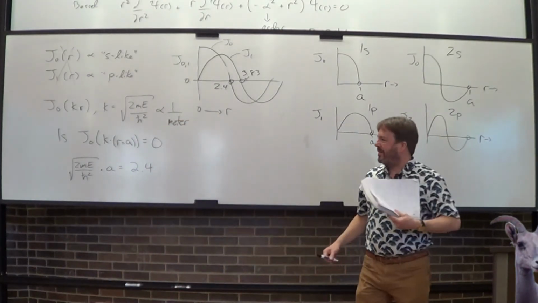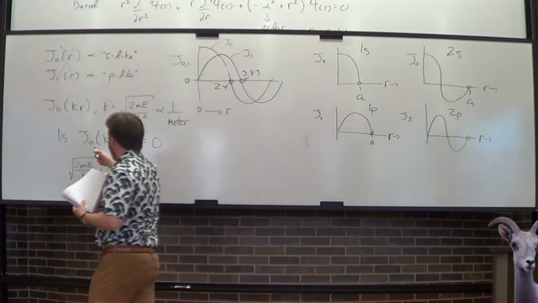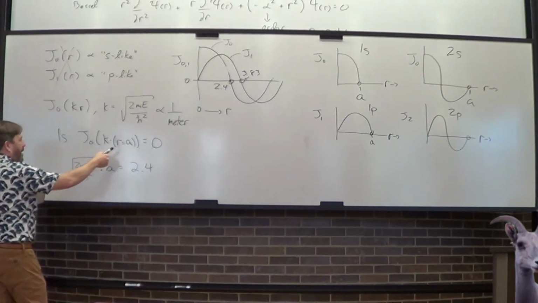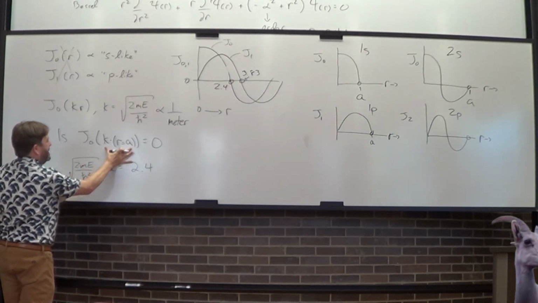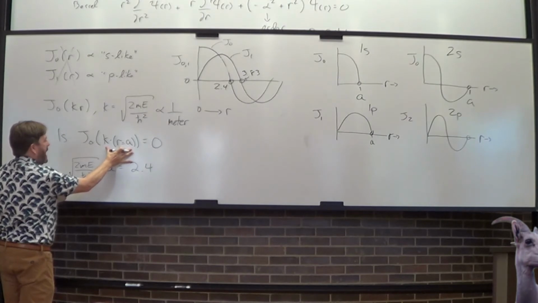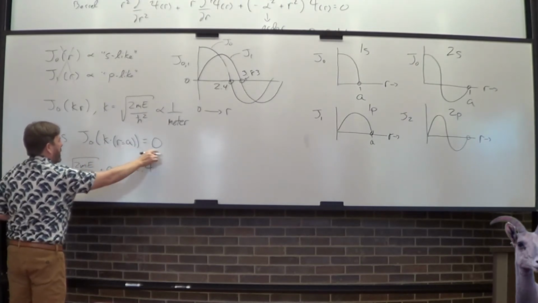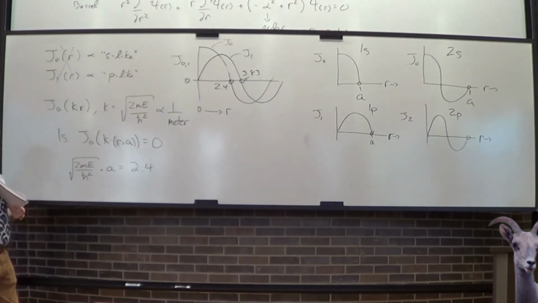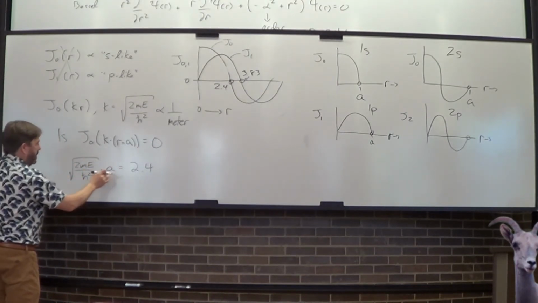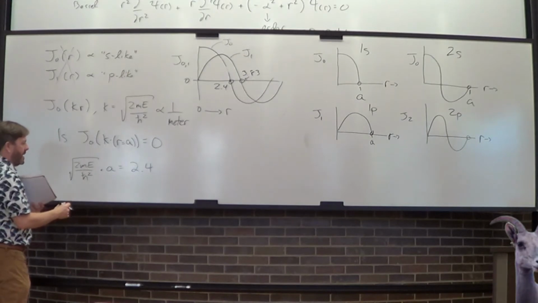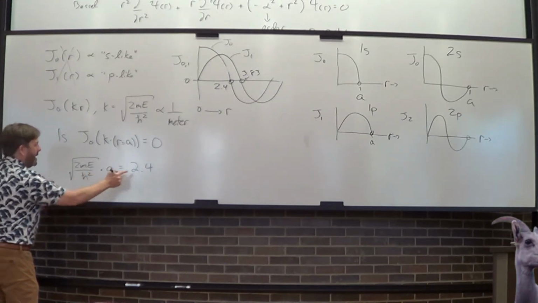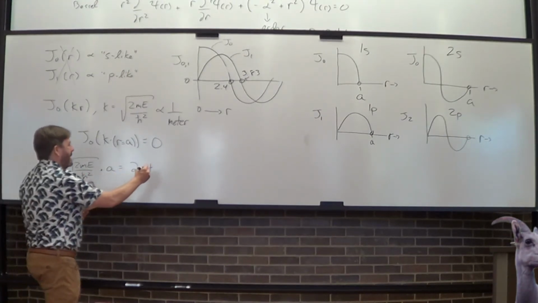Remember that the Bessel function for the 1s state, when it's fed the number 2.4, J0 of 2.4 equals 0. What is it being fed? k times the radius, and that satisfies the boundary condition. So k times the radius equals 2.4.